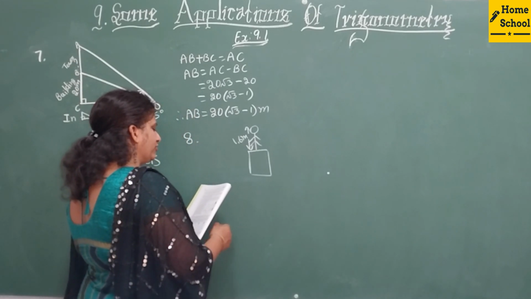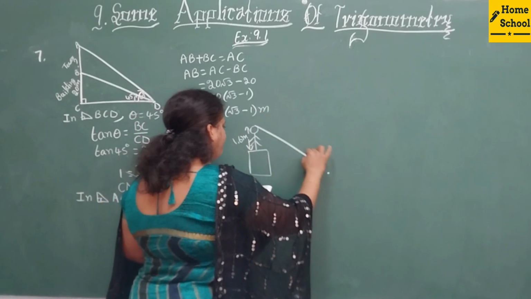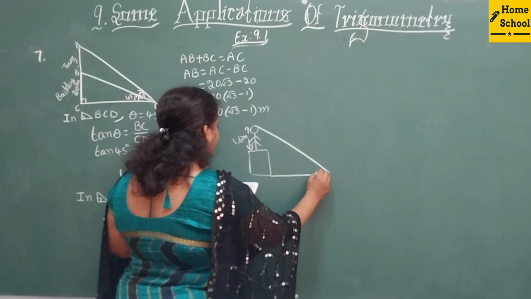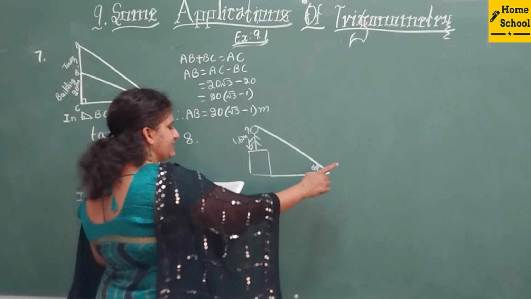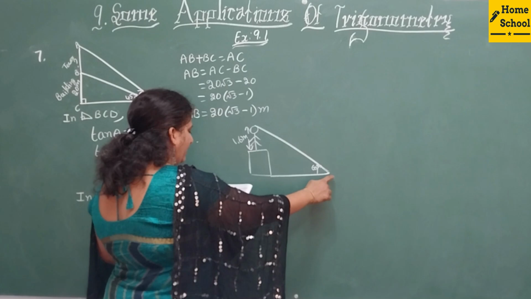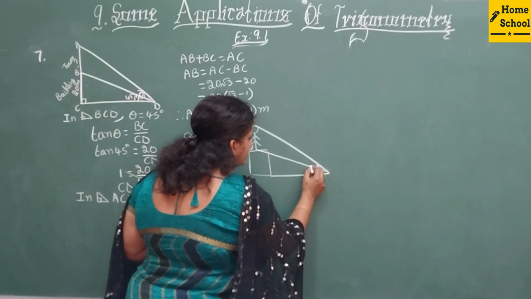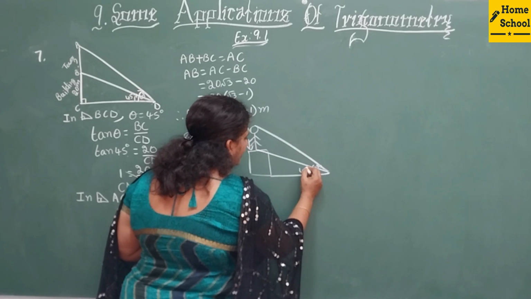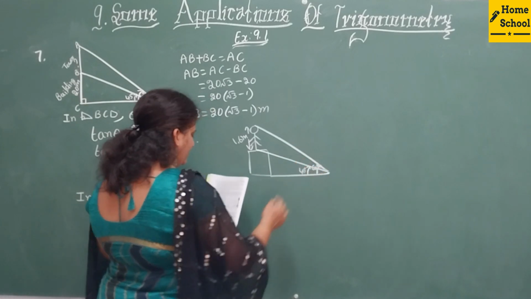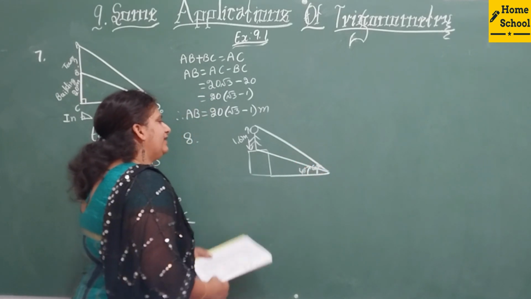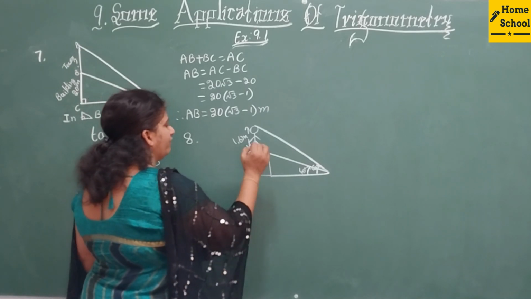The angle of elevation of the top of the statue. From here to elevation up, the angle of elevation is 60 degree. And from the same point, the angle of elevation of top of the pedestal from here to here, it is how much? 45 degree. Here to here angle is 60 degree and here to here angle is 45 degree. Find the height of the pedestal.